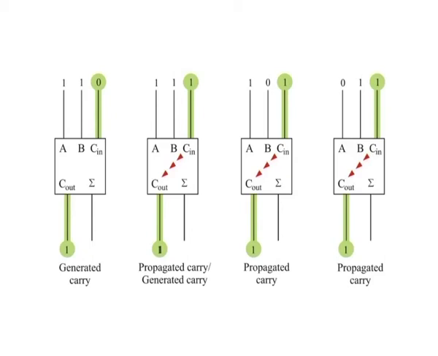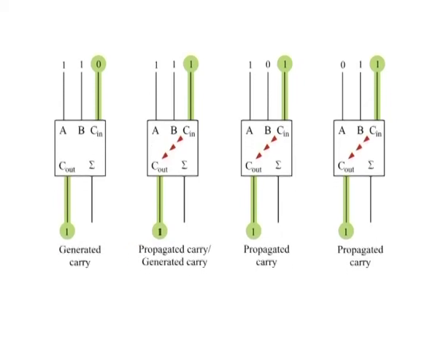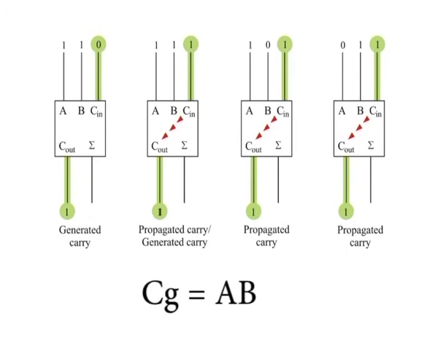A carry is generated only when both input bits are ones. The generated carry Cg is expressed as the AND function of the two input bits A and B, given by the equation Cg = A · B.